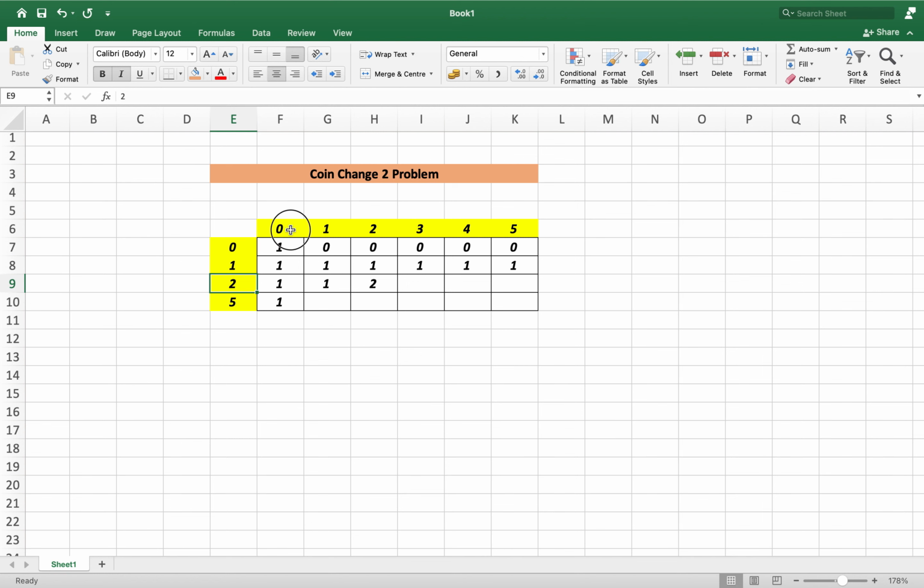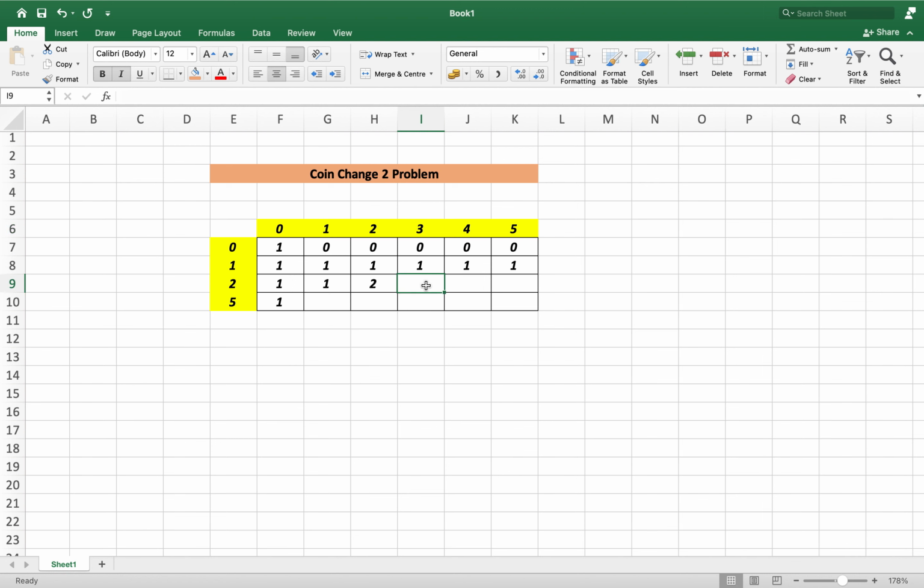When we add 2 to this 0, we get 2. That's the logic. And now you understand why, to facilitate the algorithm, we kept this 0th column as 1. Don't worry if it sounds complex at this point in time, because this will be very clear to you in further cases. Okay, so the algorithm is going to move to the amount 3.